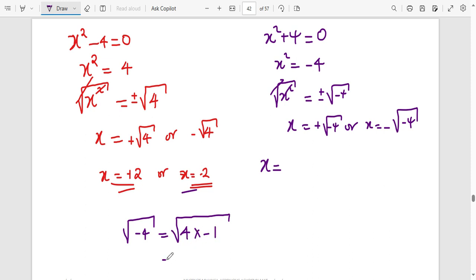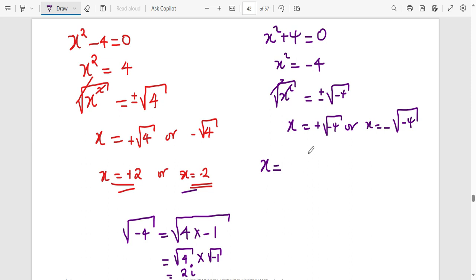And we already did this. When you're multiplying two numbers inside the root, it means that they were actually separate. It was square root of 4 times the square root of negative 1. Square root of 4 is 2. Square root of negative 1 is called i.